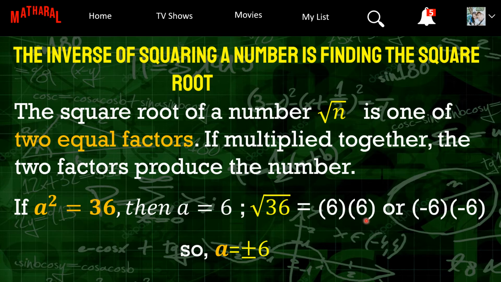So, positive 6, 6 times 6, and negative 6 times negative 6 po siya. Yung square root of 36. So that a is equal to positive and negative 6. Dalawa po yung magiging sagot po dyan sa square root of 36.